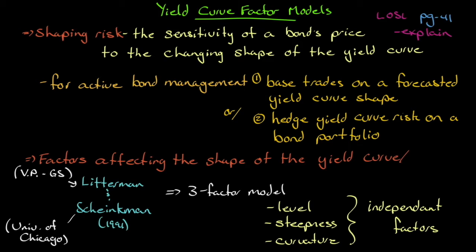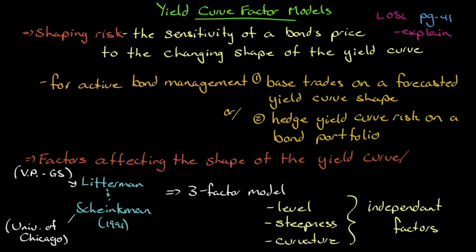I'm going to position myself for that. So that's the risk we want to expose ourselves to. But there's risk we don't want, which is the unanticipated move in the yield curve that we're not positioned for.